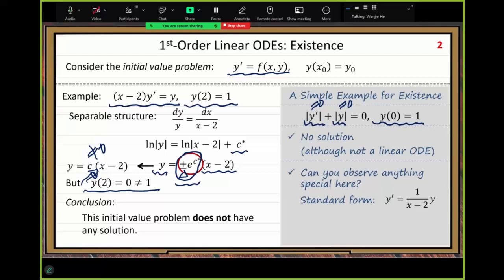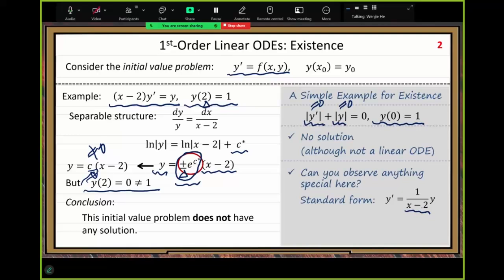But after you write it as a standard form, then x minus 2 is at the denominator.